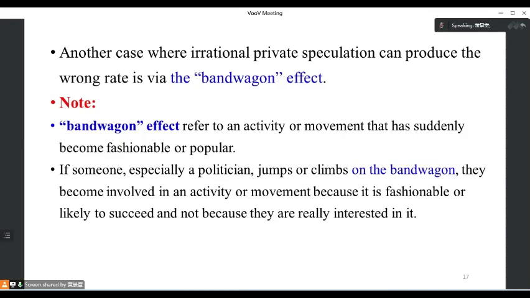From these bandwagon notes, we should understand speculation can fluctuate, can influence the macroeconomic stability, and speculation can make the bandwagon effect.